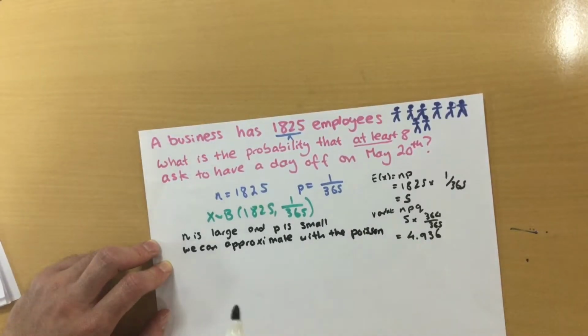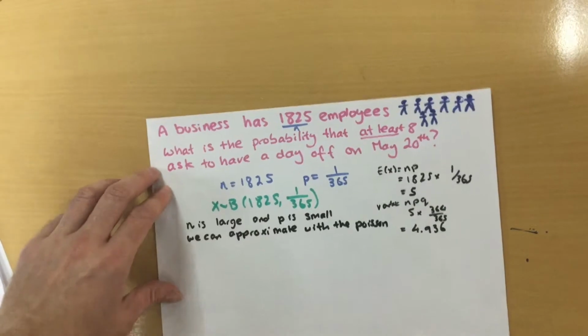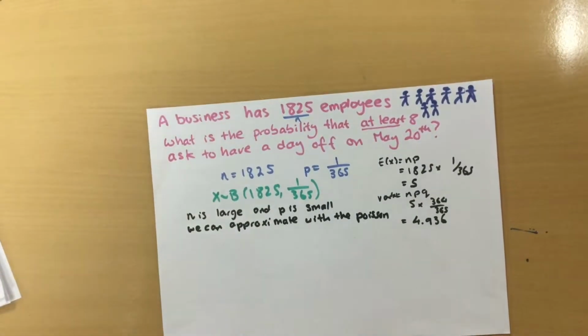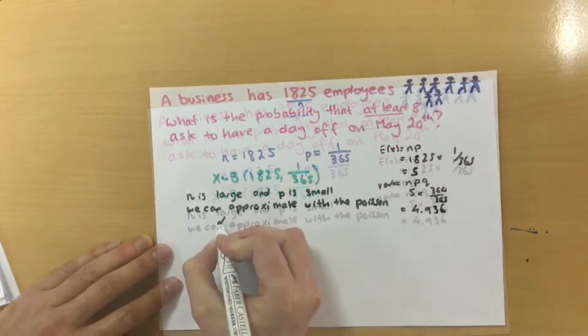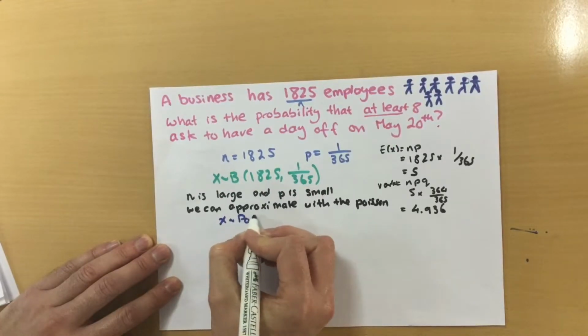And you do have to write that down. You do have to tell whoever's reading your work that you know it's a suitable approximation. Use the Poisson as an approximation.